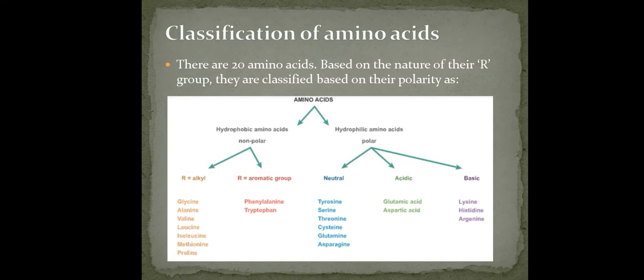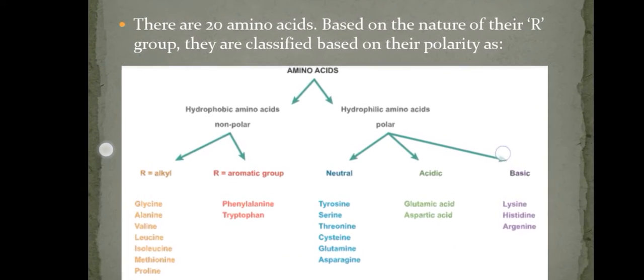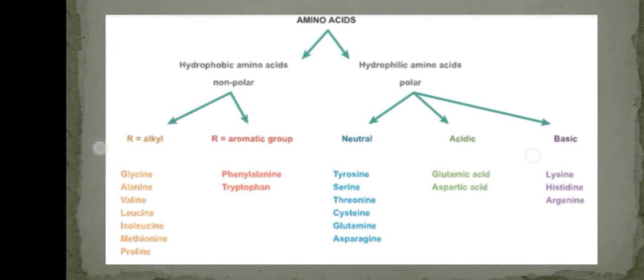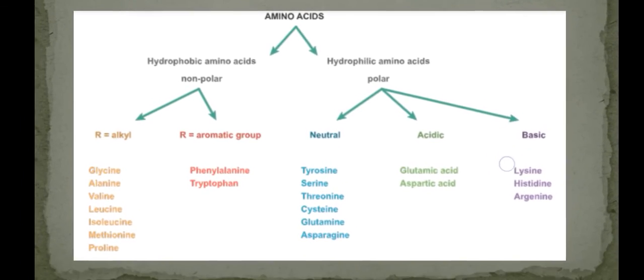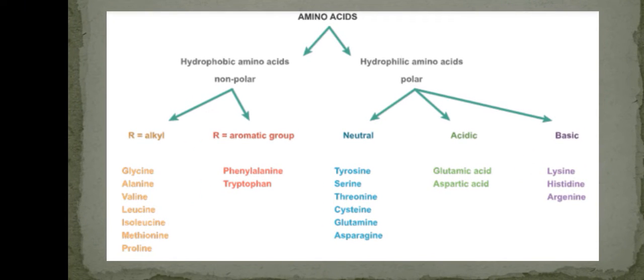Classification of amino acids. There are 20 amino acids, classified based on the nature of their R group. They are classified based on their polarity, as in this figure. Amino acids are divided into two parts: hydrophobic amino acids and hydrophilic amino acids.